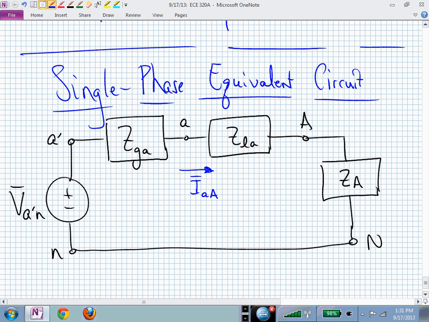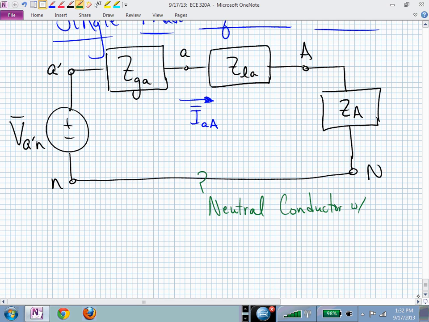Now, what you need to keep track of is this is now the neutral conductor with no impedance. That was resulting from our determination that capital V sub capital N was equal to 0.